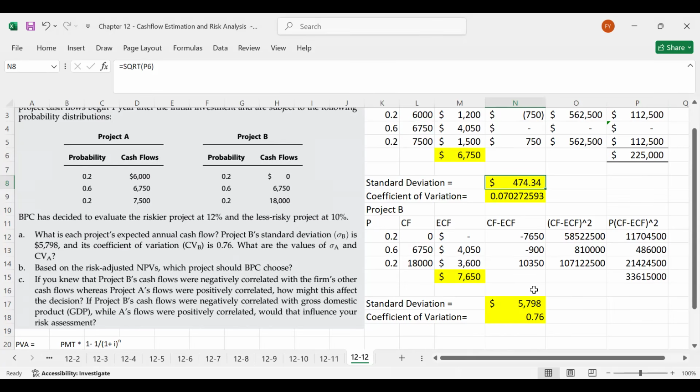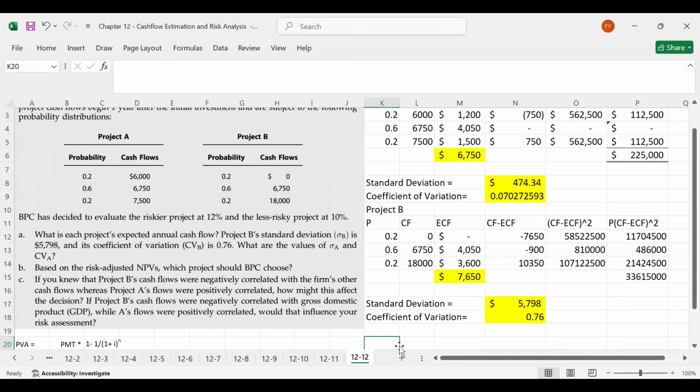A higher standard deviation indicates that project B is riskier as compared to project A. So project B's NPV will be calculated at 12%. So this is basically the concept of risk adjusted NPV. So the next step is to calculate net present value.